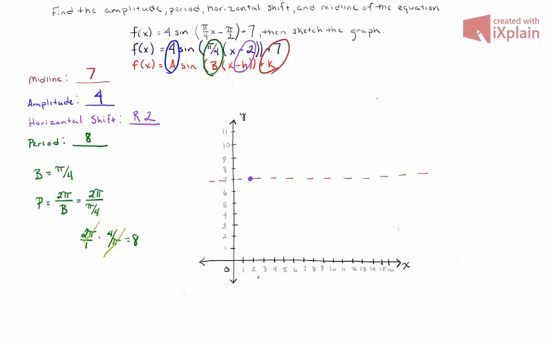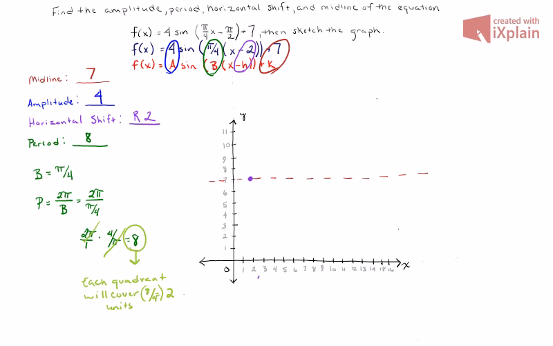The other thing I want to note is that my period is 8. If you recall from class, we're dealing with a circle, and we usually cut our circle into quadrants, or in other words, 4 pieces. So each quadrant, assuming we have a period of 8, will cover 8 divided by 4, or 2 units.